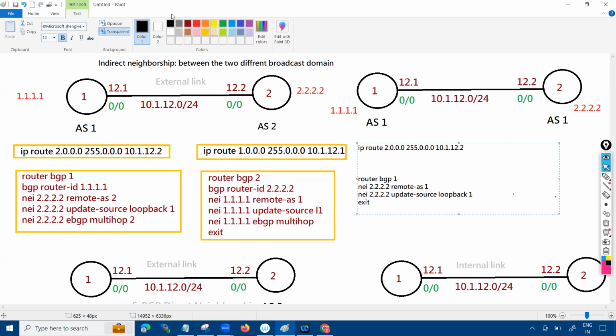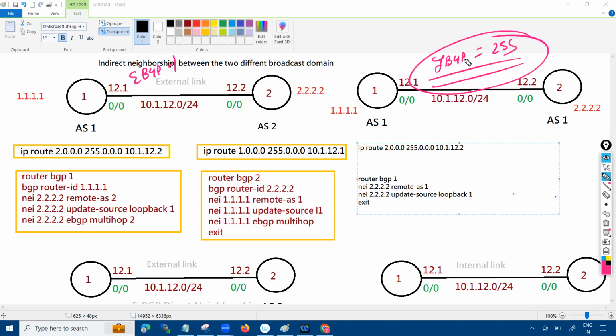Why don't we need to give the TTL over there? Because for eBGP, the TTL is 1 by default. For iBGP, the TTL is 255 by default. So if the TTL is already 255, then we don't need to give the TTL command. Now, why is this happening? Why is there a difference in the TTL? The reason is that iBGP is for internal neighborship, in the same organization.